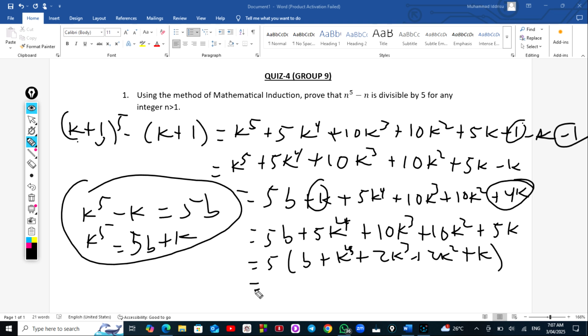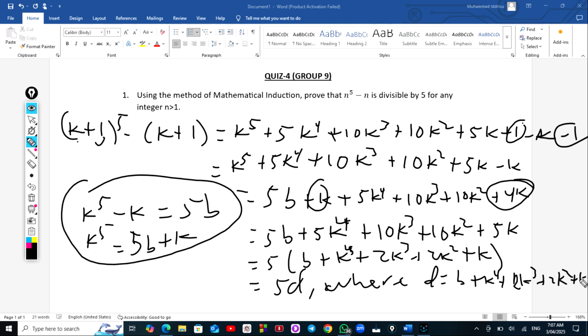So this is giving us some 5d, where d is equal to all this, b plus k to the power 4 plus 2k to the power 3 plus 2k square plus k.